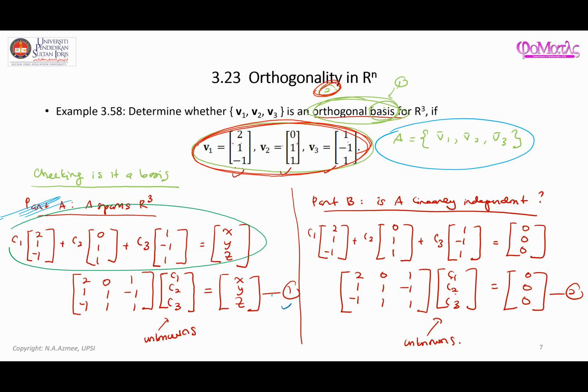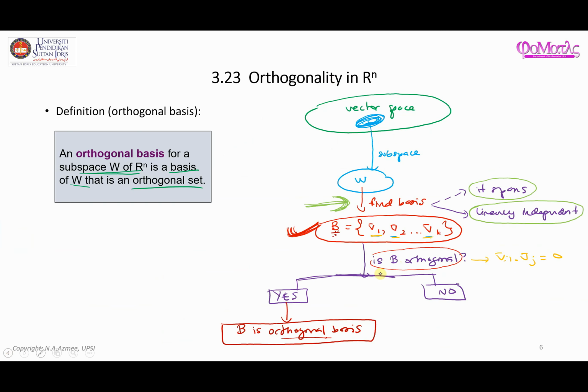So you need to show that vector i dot vector j is equal to 0. And once you have shown that, so is it orthogonal? Yes. Then you can conclude that B is an orthogonal basis.